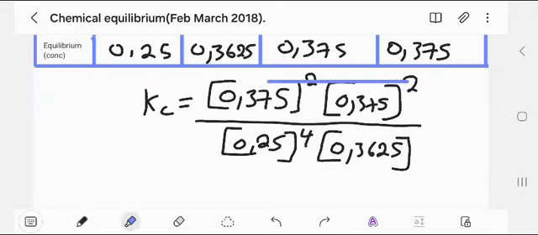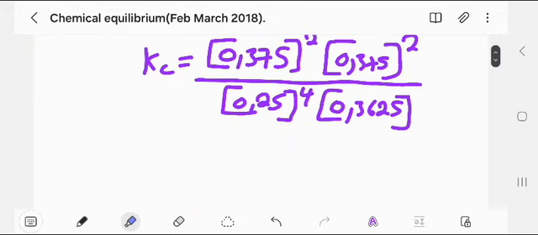You can punch all of this in your calculator: 0.375 squared multiplied by 0.75, then squared, all over 0.25 raised to the power 4, multiplied by 0.3625, right?